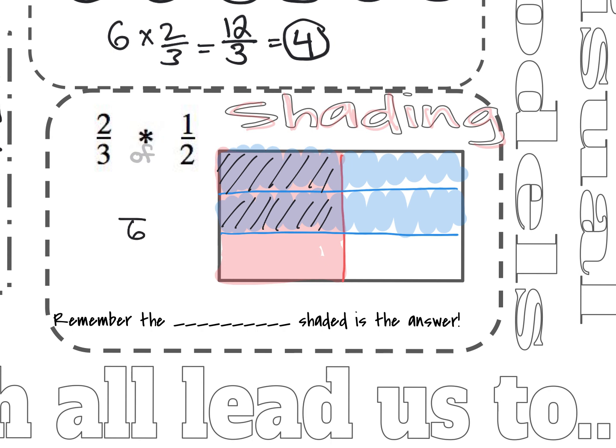So we can only count the pieces that were originally there. In this case, there are 2 pieces, so our answer would be 2/6, which we could also simplify because these are both even numbers, and that would give me a better answer of 1/3. So we want to remember that the double shaded part represents the answer in our problem.